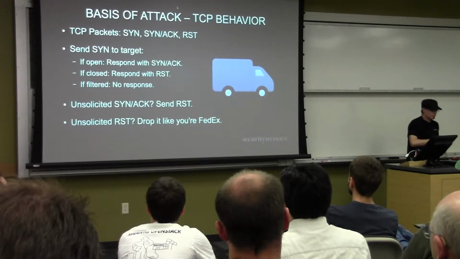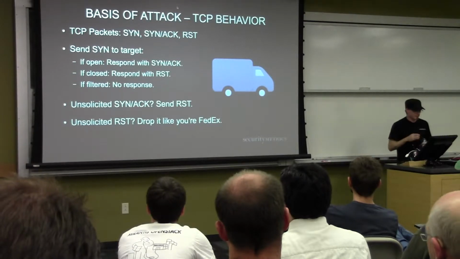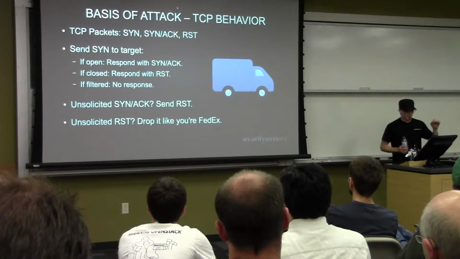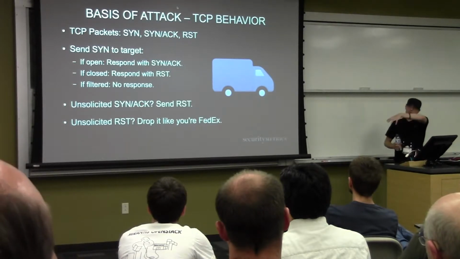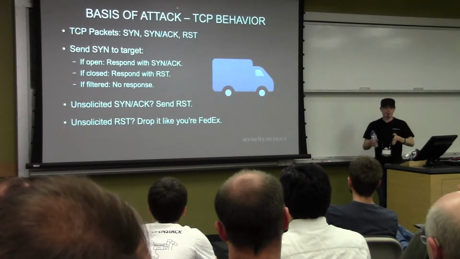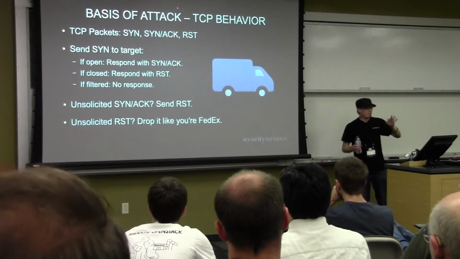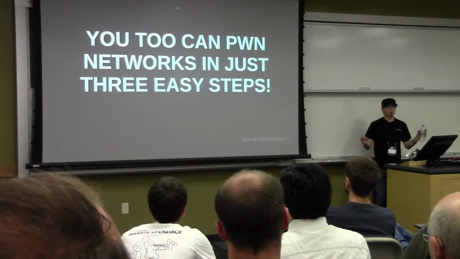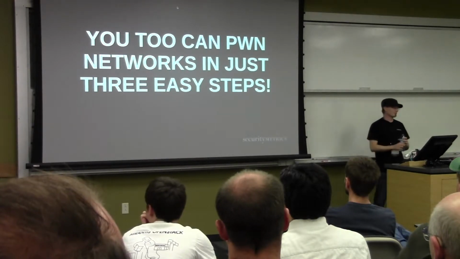Okay, so that's a lot of information to take in. So we're going to try and condense it down into three easy steps, so you too can pwn networks in just three easy steps.